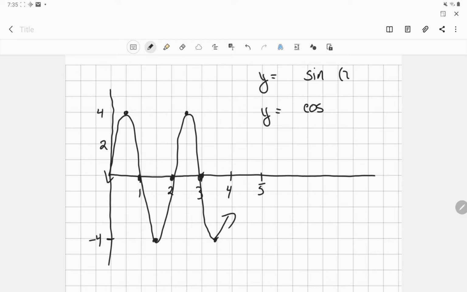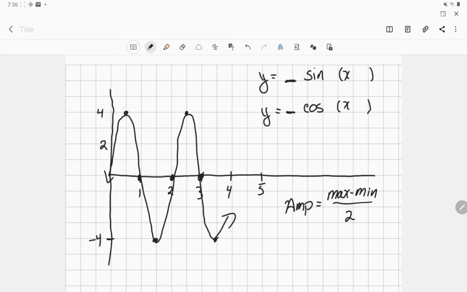Now, the good news is that when we do this, a lot of the parts are the same if it's a sine wave or a cos wave. For instance, the number that goes right here, that is my amplitude. So remember that amplitude is your maximum minus your minimum divided by 2.